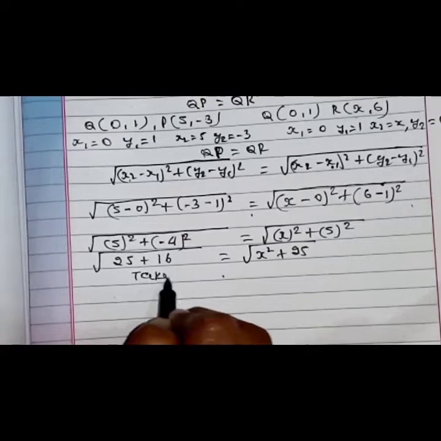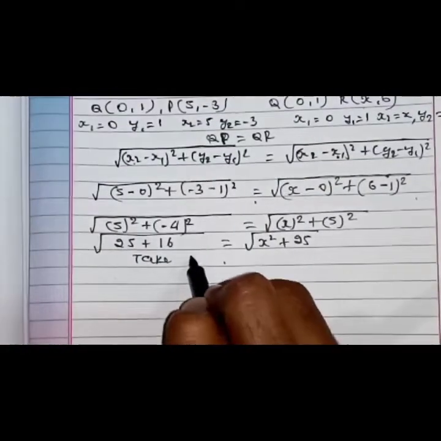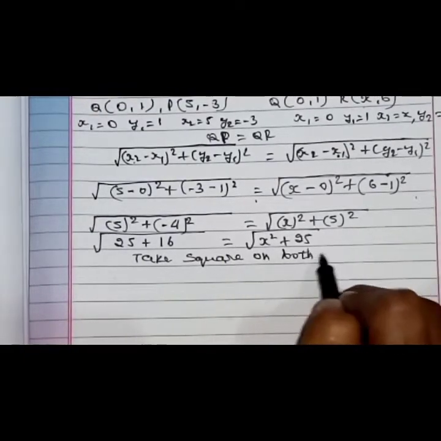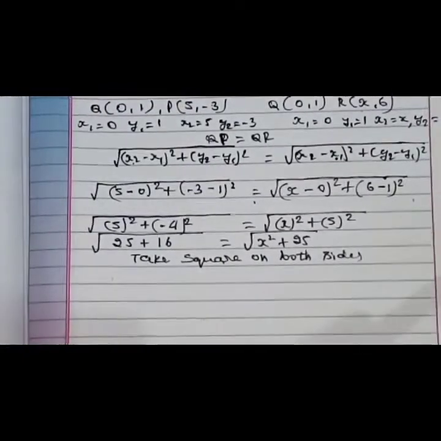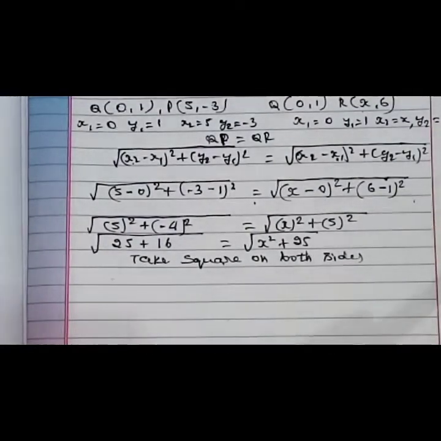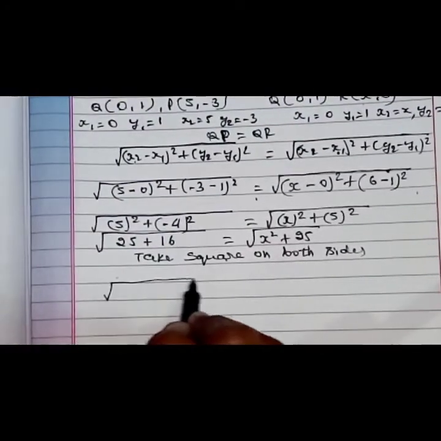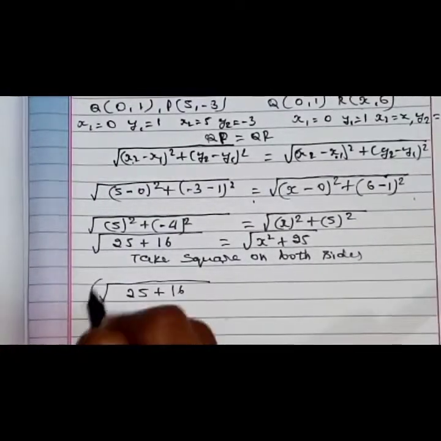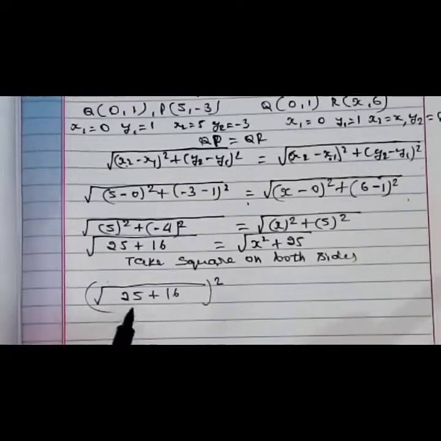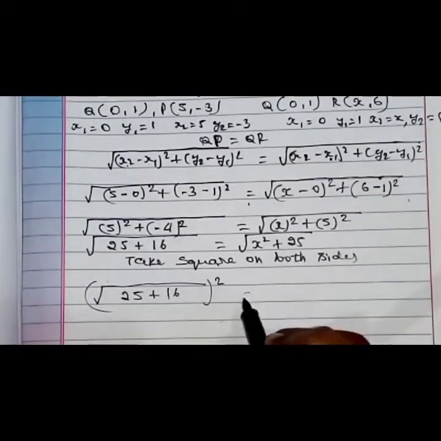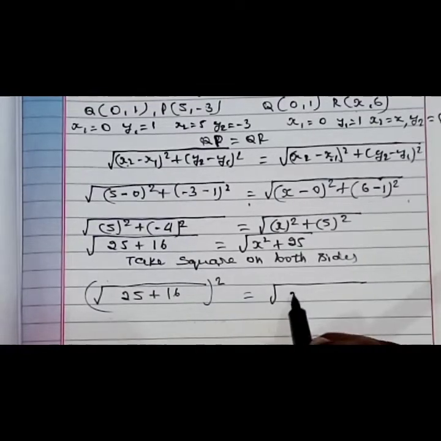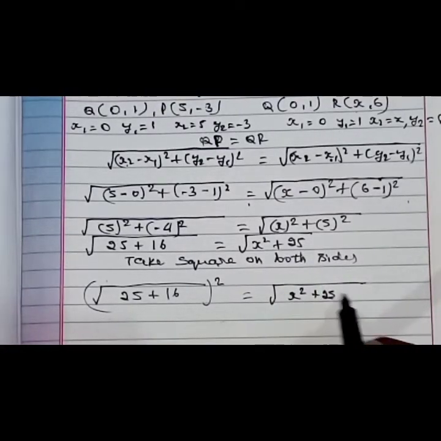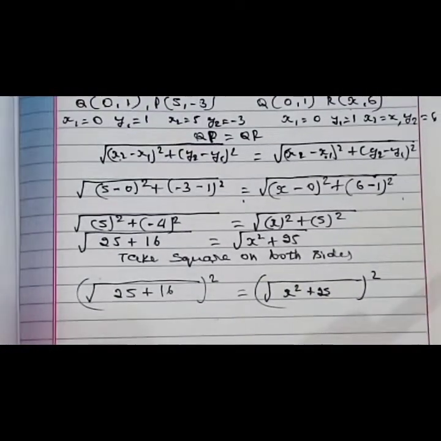So take square on both sides, right? Okay, so square root of 25 plus 16, don't add this number children, why I'll say, so (25 plus 16) whole square, that's equals to square root of x square plus 25 whole square, right children?